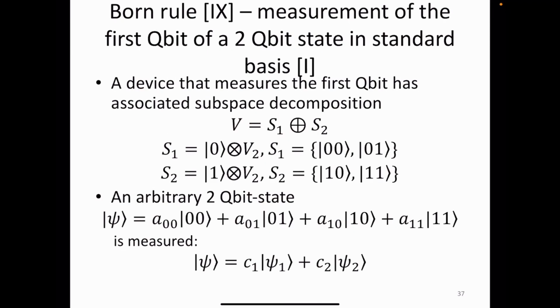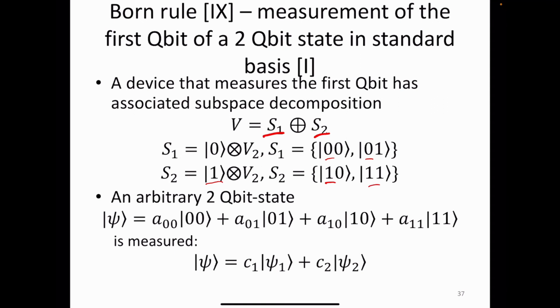So if we now look at a 2-qubit system and we only want to measure the first qubit, then we have a subspace decomposition given by S sub 1 and S sub 2, where we look at the subspace S sub 1 as containing all the states where we measure 0 for the first qubit. And S sub 2 containing all the states where we measure 1 for the first qubit.